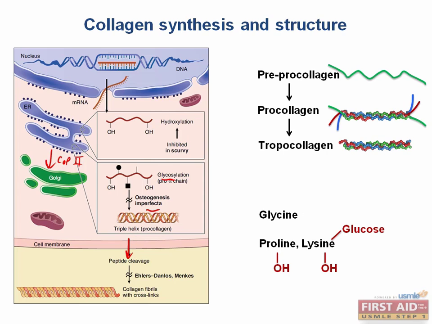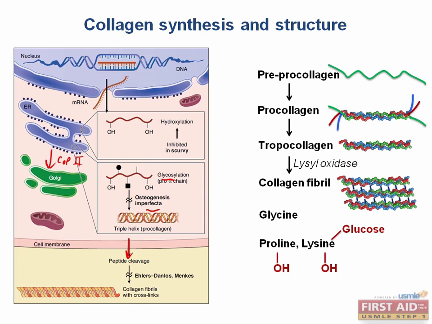It's cleaved on lysine residues in disulfide-rich regions of the protein. And then individual tropocollagen molecules are covalently bound together between lysines and hydroxylysines, which is catalyzed by the copper-containing enzyme lysyl oxidase. This results in the final product, collagen fibrils. A deficiency in this last step is one of the causes of Ehlers-Danlos syndrome, which I'll go over in a couple of slides.